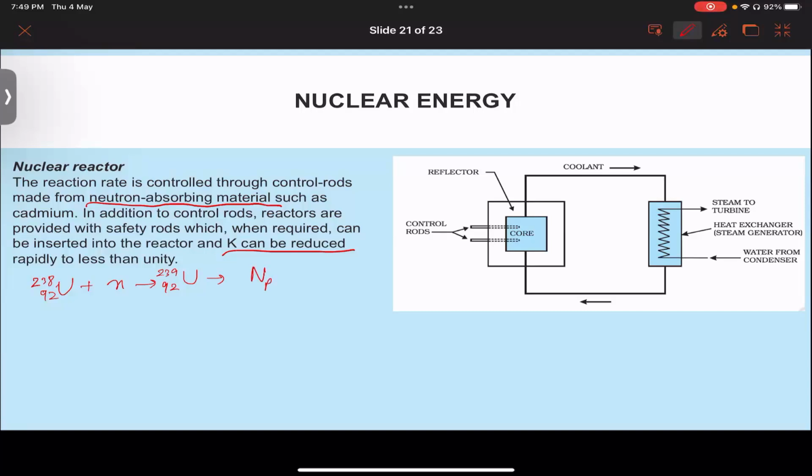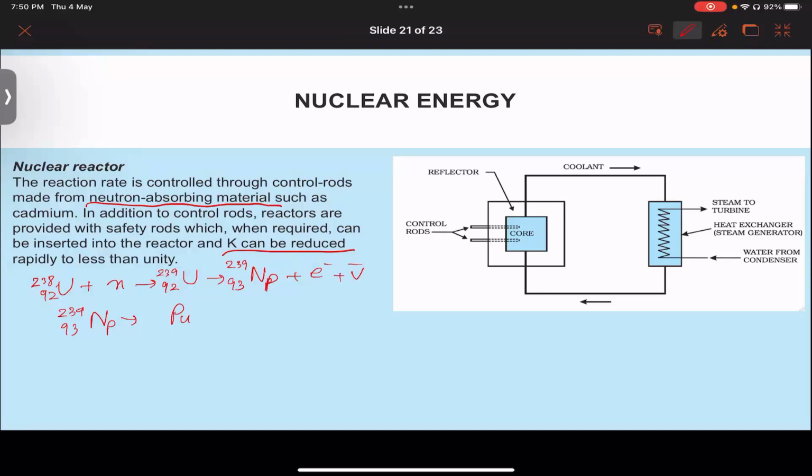This is a beta decay, and then it becomes plutonium, which itself undergoes further radioactive decay.